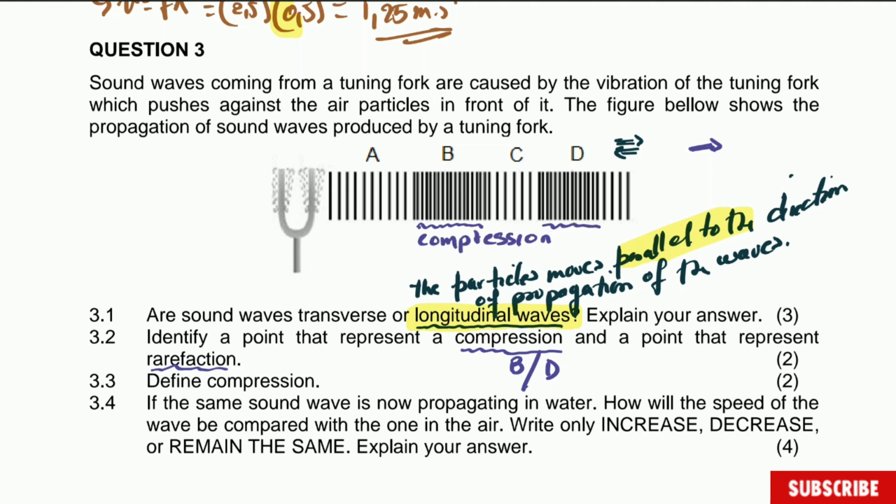So those two letters represent a compression. Now which one is the rarefaction? It is the areas where the particles are further apart. So in this case the rarefactions are this one here and this one there. Those two represent the rarefaction.